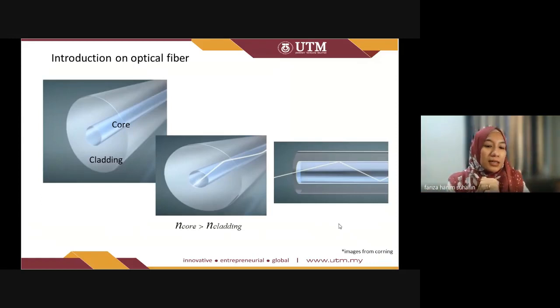So for warm-up, very familiar images, I guess, for everyone. We have the cross-section of optical fibers here, with the core and also the cladding made from silica glass, where the core and cladding are doped with different materials so that we can increase the refractive index of the core while lowering the refractive index of the cladding, so that the propagating light can be supported by total internal reflection in the core of the optical fiber.